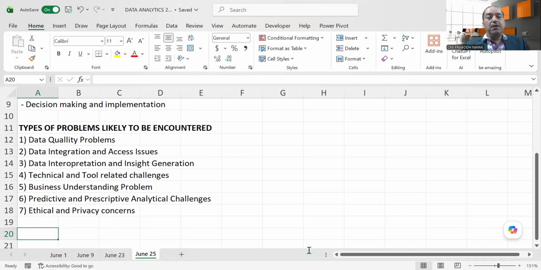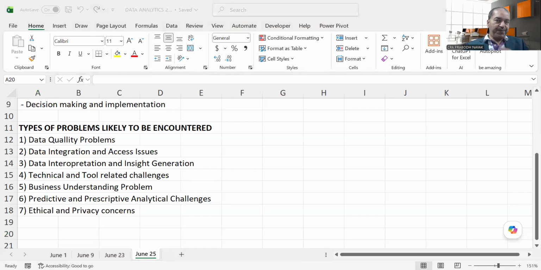Starting with data quality problems. Data quality problems, I can have missing data problems, incomplete data sets, inaccurate, as Rehan said, inaccurate, inconsistent data entries, duplication of records, data redundancy, outliers, anomalies. So these points you can note. Data quality problems means your data is not perfect. You have to make the necessary rectifications, the corrections.